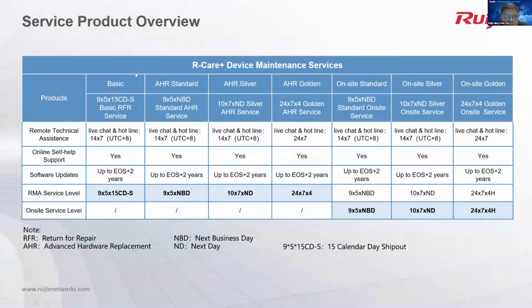If you need more SLA, instead of 15 calendar days, you can get the AHR Standard, where the replacement is covered for the next business day. If you want a 4-hour response, 24 hours a day, 7 days a week, you can purchase our AHR Golden. And if you require an engineer on site, you can buy the on-site package.